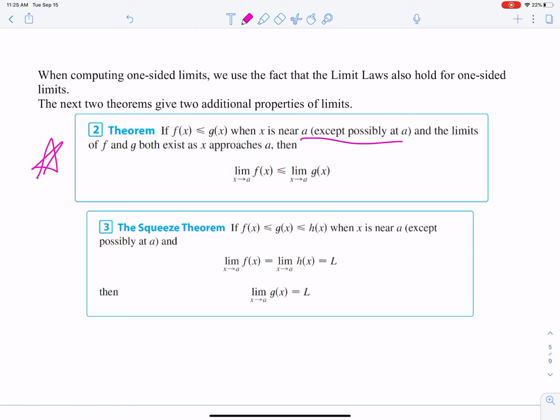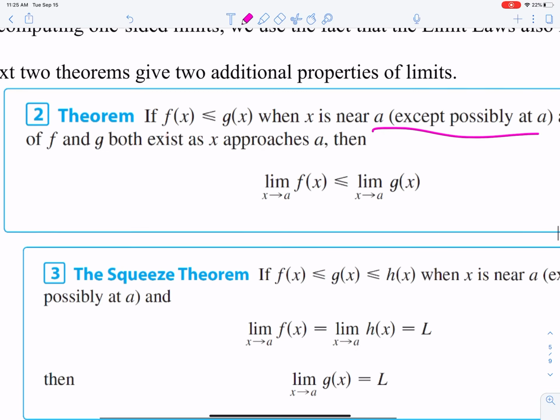Remember, for limits, we're not concerning ourselves with what's happening at x equals a, just near it on both sides. And the limits of f and g both exist as x approaches a, then the limit as x approaches a of f of x is less than or equal to the limit as x approaches a of g of x. So it's just like applying the limit to both sides of your inequality. That's the easy way to remember it.